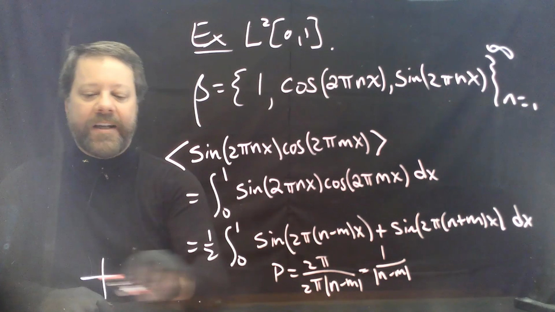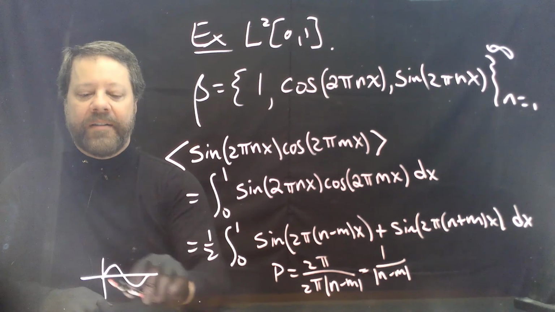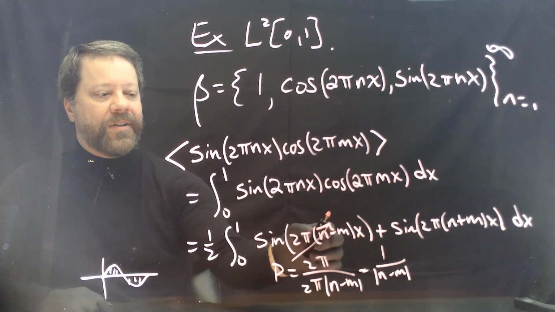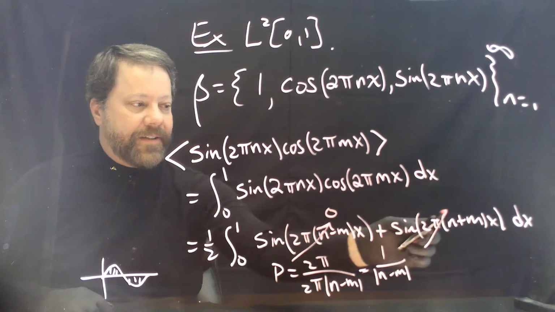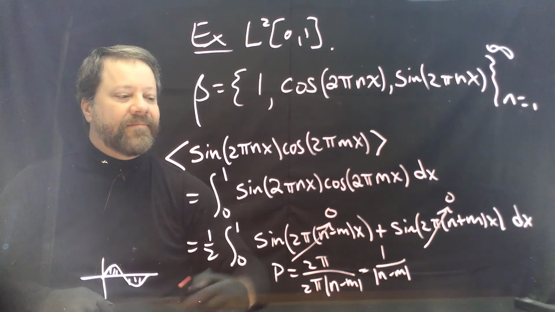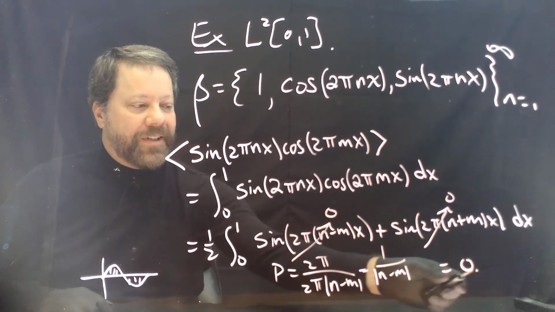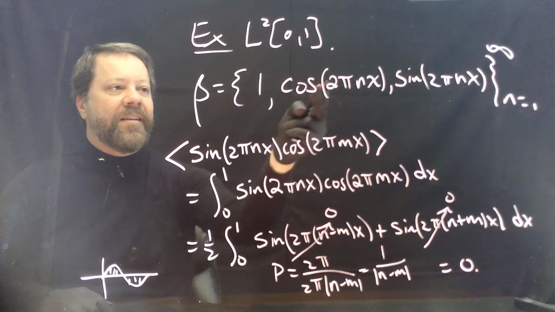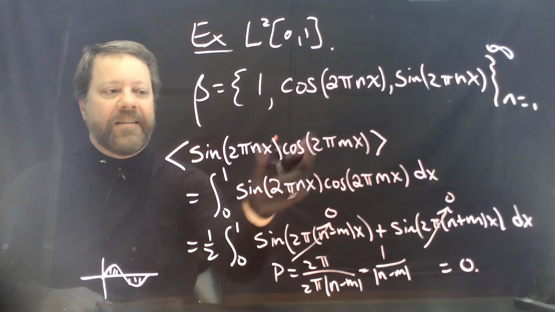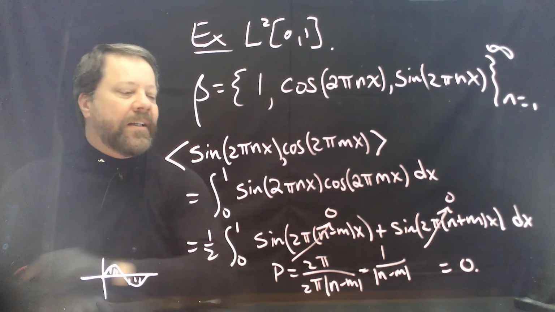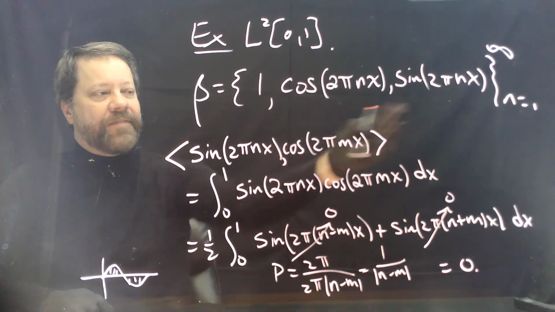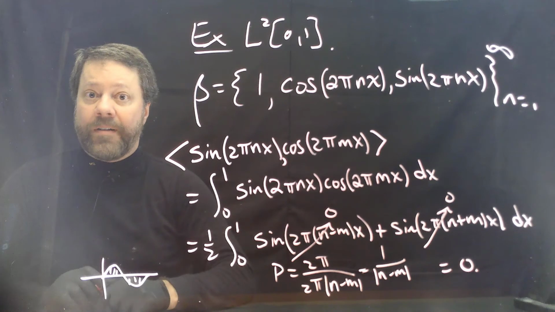And of course, for sine, if you integrate over one period, you get nothing. So if you integrate over an integer number of periods, you get that integer number of nothings. So the inner product is 0, which means if you take a function from this class and a function from this class, take their inner product, you must get 0. They are orthogonal. So this class of functions is orthogonal.